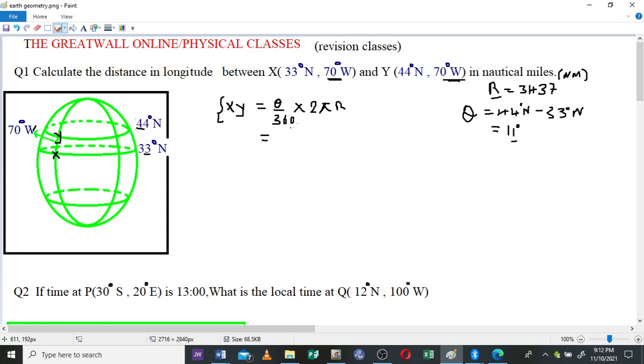Our job here is just to substitute. So we have XY there. Our theta is 11. We divide that by 360. We multiply that by 2. And we multiply that by pi, which is 3.142. Then we multiply that by the radius, which is 3437.